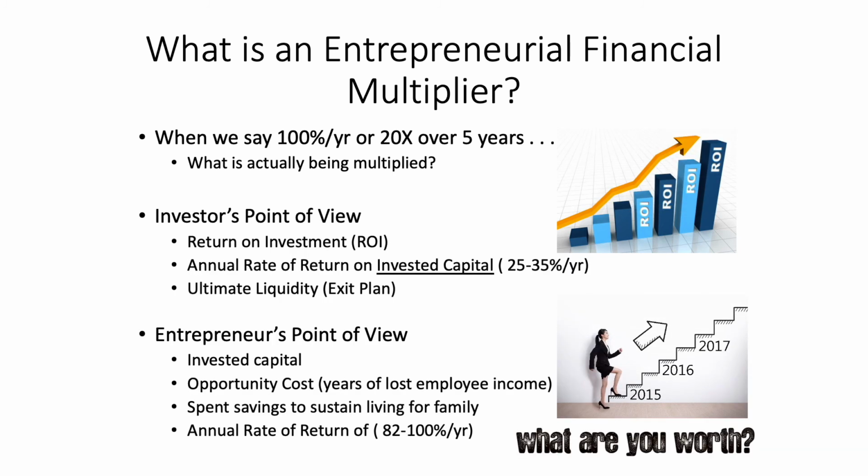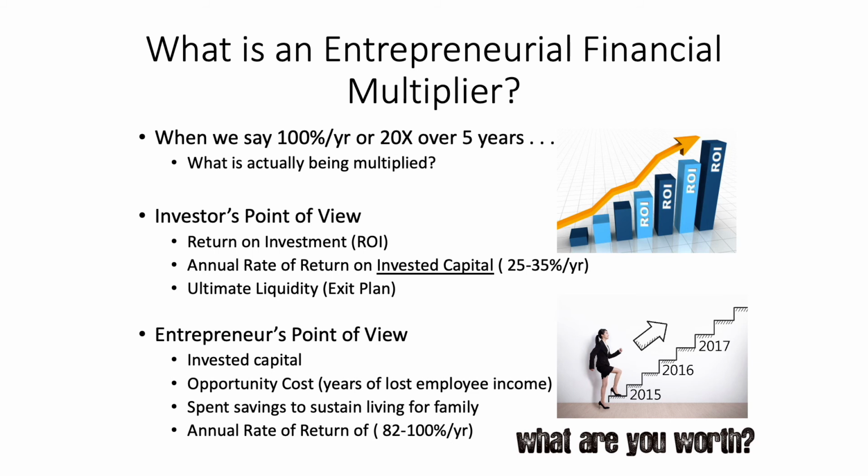And finally, again, here we return to the entrepreneur's point of view. So what is the source of capital that's being multiplied when we look at the entrepreneur? How can we quantitatively describe the investment that the entrepreneur has made in the company? In principle, it can be extremely difficult and complex.